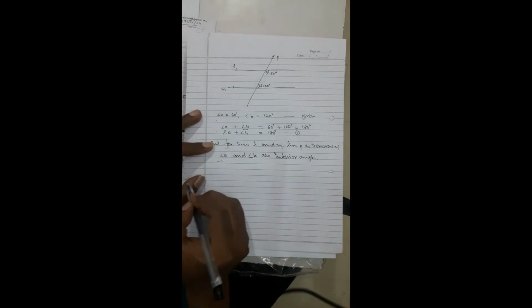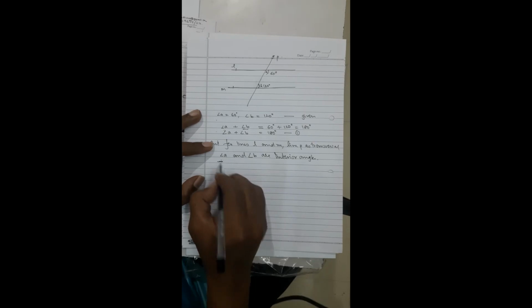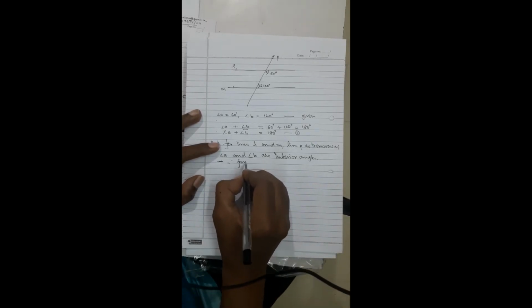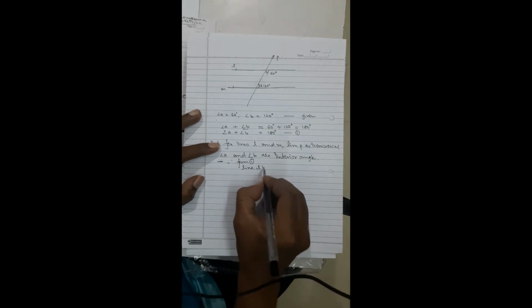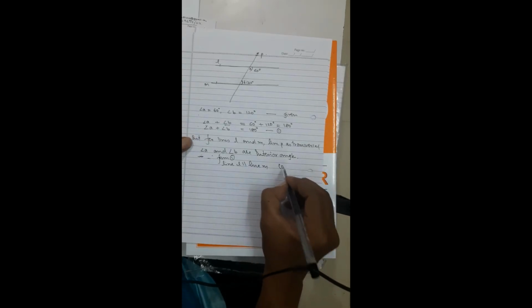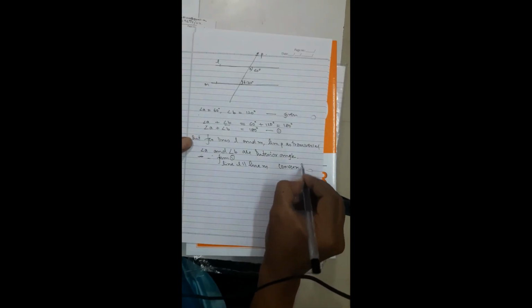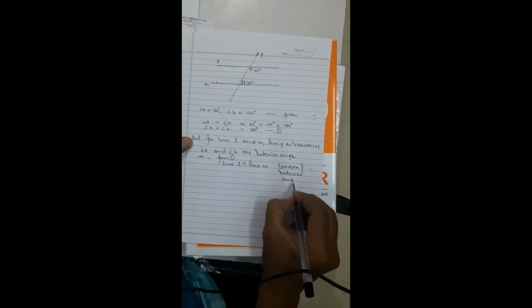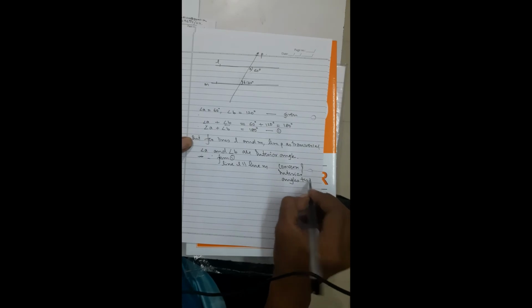Now because they are interior angles, therefore from 1, line L is parallel to line M. Reason: converse of interior angles test.